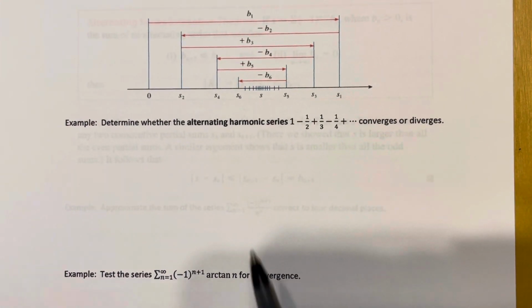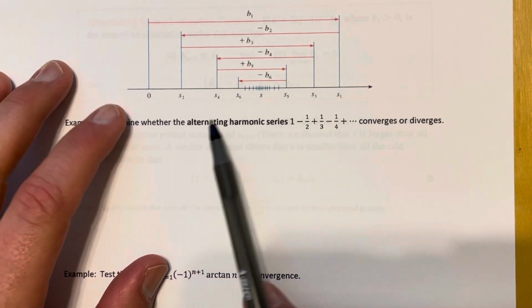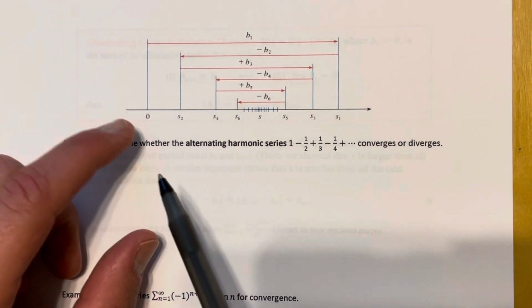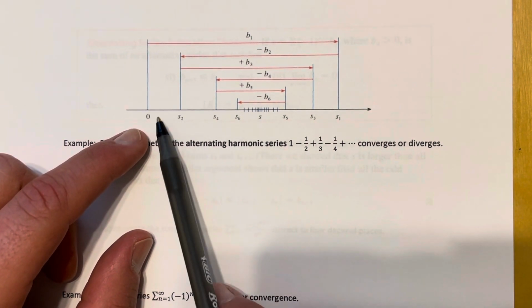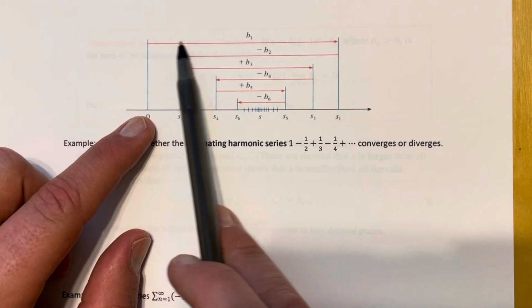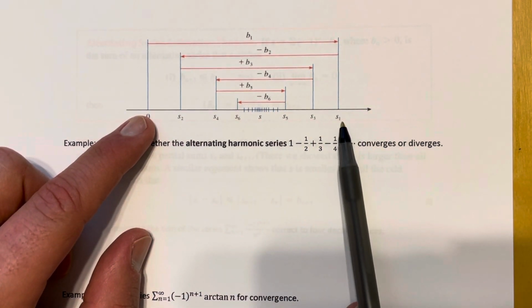So let's suppose that we're looking at the partial sums of our alternating series on a number line. So the first term is b1. If I think of that as 0 plus b1, that's going to take me over here to my first partial sum.